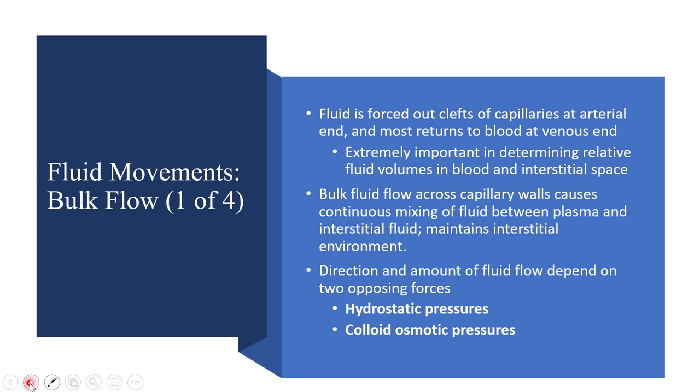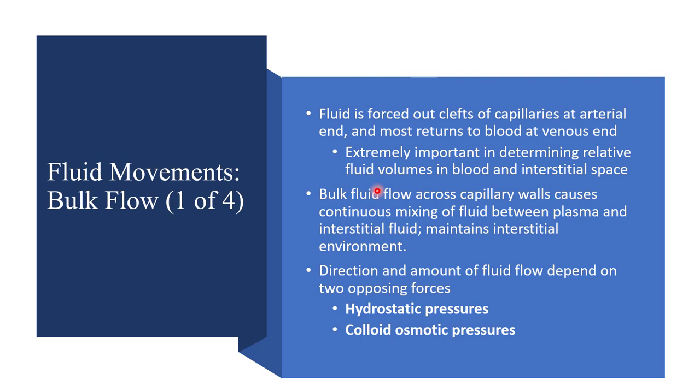So, in bulk flow, fluid is forced out of capillary clefts around the arterial end. So here you have the arterial end, and then on the other end of the capillary you have the venous end. Fluid is forced out of the capillaries at the end where you have the arteries, and then most returns back to the blood at the venous end.